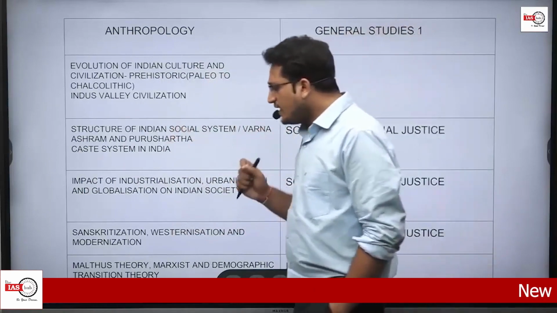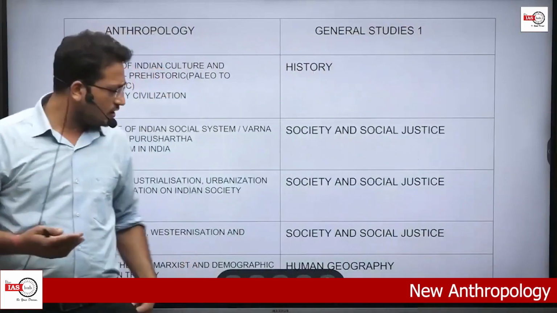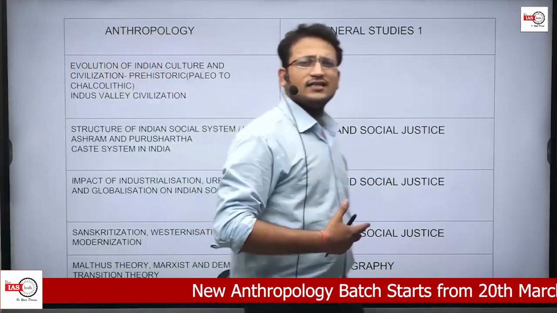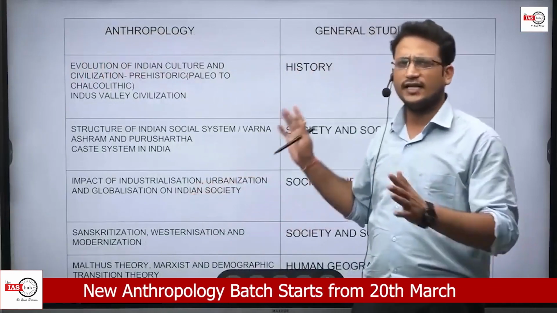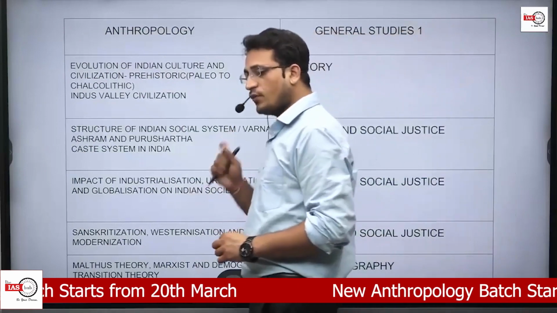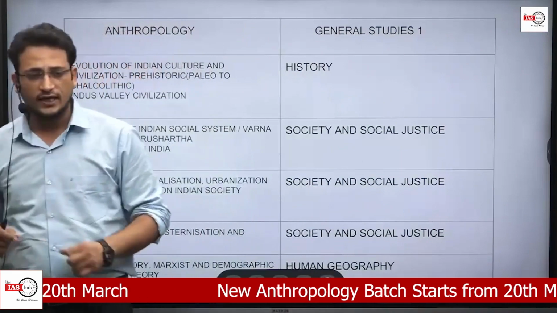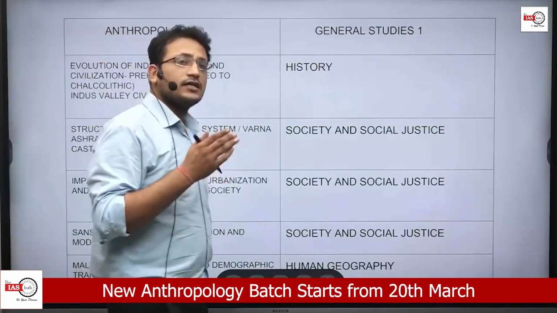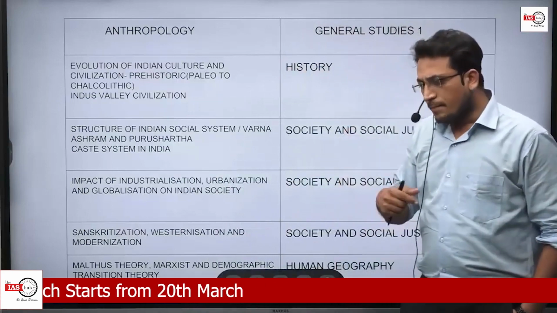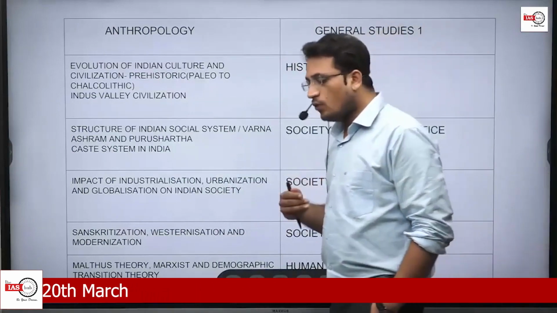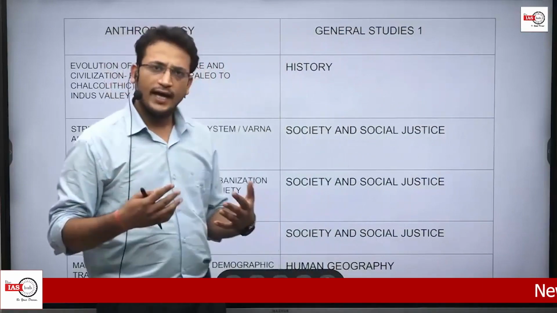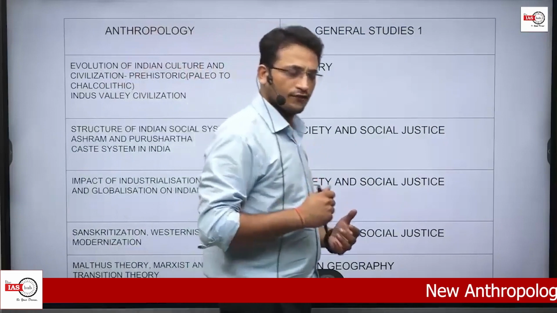And the next aspect is Sanskritization and westernization, urbanization, globalization. These are all mentioned in the GS paper 1 society section, right? But it is also important for us to know that these days, in general studies paper 1, where geography is being asked, the majority of the questions are related to human geography as well as economic geography.